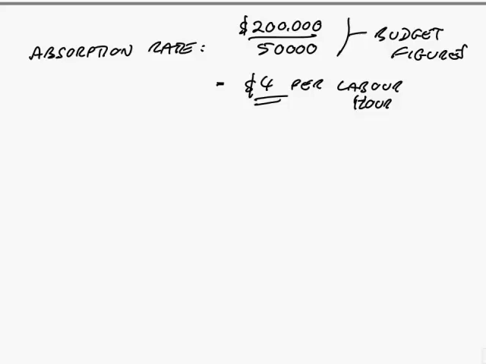But all we're doing, at the end of the period, we say how much were the actual overheads, and if you look at the question, the last line says the actual overheads were 205,000. We need to check whether we've charged too much or too little, given that we're charging at $4 per hour.